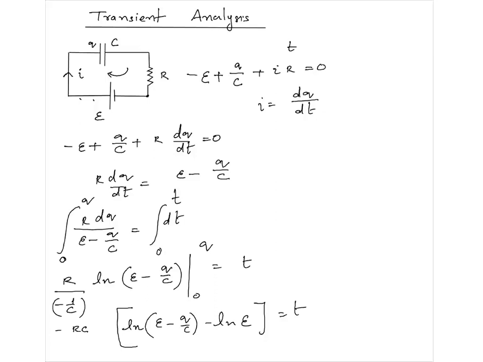Now the story becomes that of steady state analysis. Now capacitor blocks the current completely. Current becomes zero when capacitor is fully charged. So we say that at steady state, a capacitor is an open circuit. It blocks current completely.